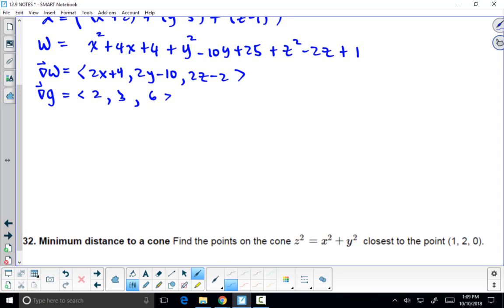So our system is going to be, and we can put the lambda with either one, the del F, or in this case del W, or with the del G. It doesn't really matter. Usually it's kind of cleaner to put it with the one that's simpler. So I'll put it with the del G's.